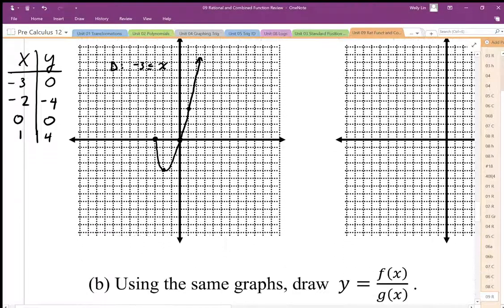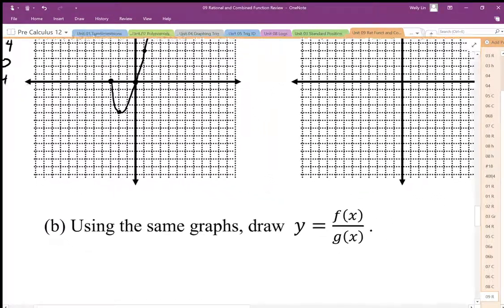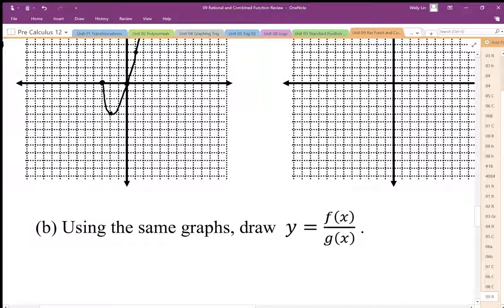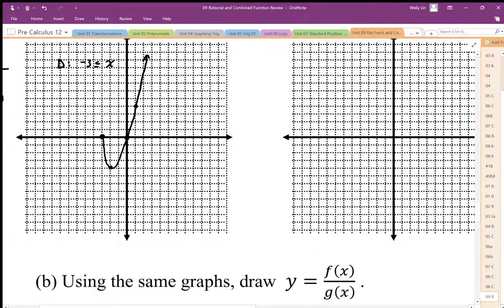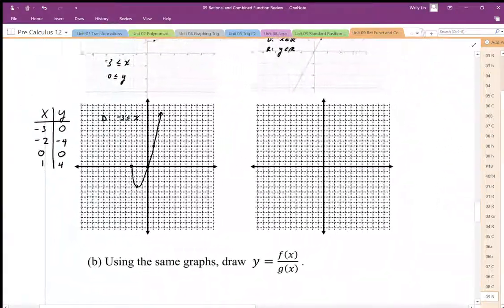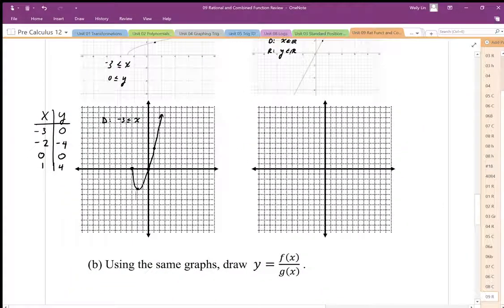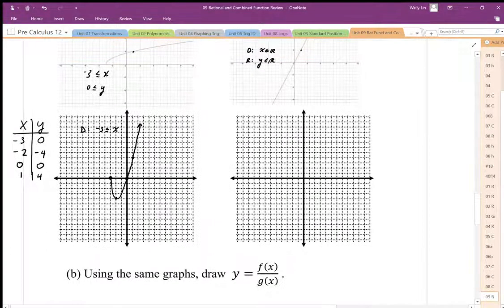We can take a look at the quotient function here, and we can do the same thing. So we have our domain. x is going to be greater than -3. We have to also consider that we're going to have a restriction on g, because g is in the denominator.